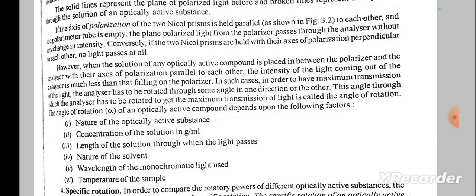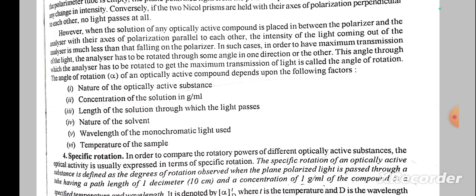Conversely, if the two Nicol prisms are held with their axes of polarization perpendicular to each other, no light passes at all. However, when the solution of an optically active compound is placed between the polarizer and the analyzer with their axes of polarization parallel to each other, the intensity of the light coming out of the analyzer is less than that falling on the polarizer.